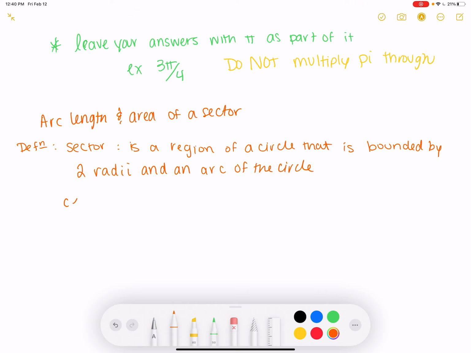Another definition, a central angle theta of a sector is the angle formed by the 2 radii.